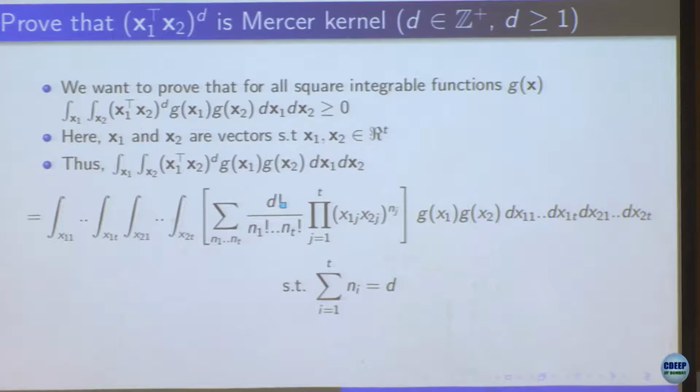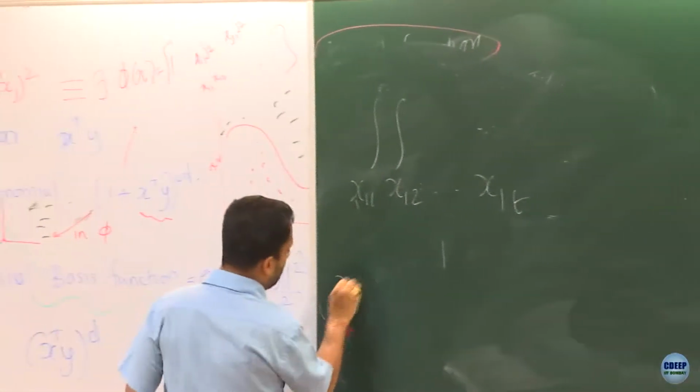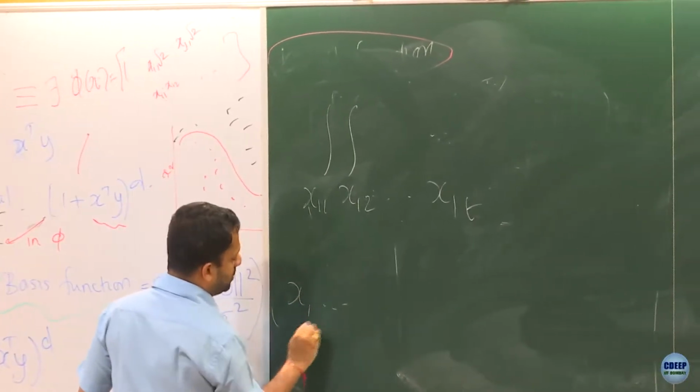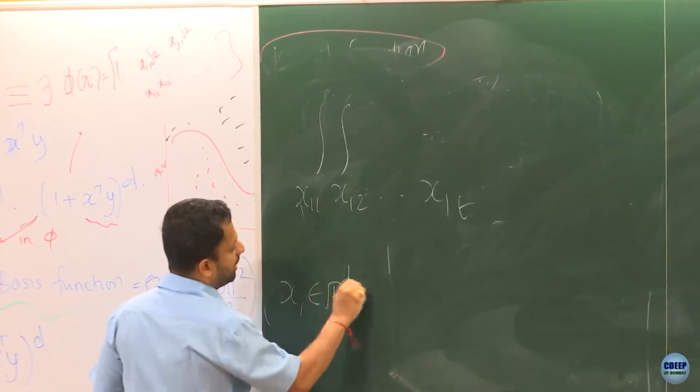I have this integral over all values of x11, x12, up to x1t, and we are dealing with some t dimensional input space. Let's assume that x1 and x2 are in R^t.